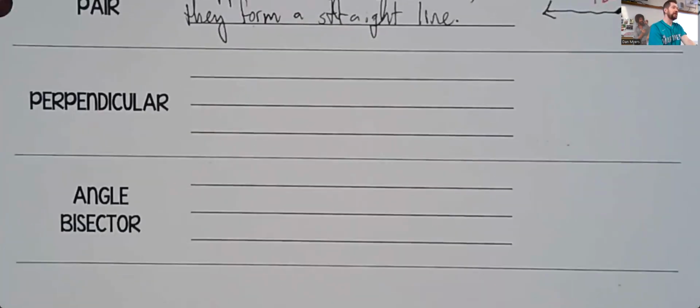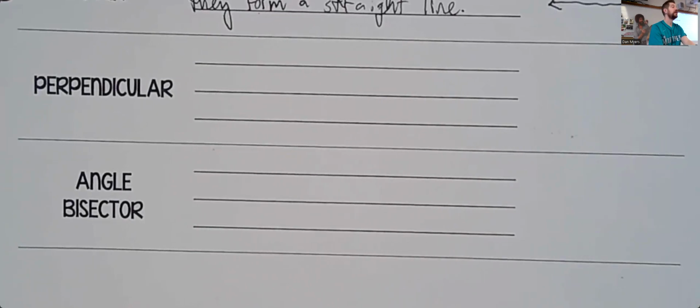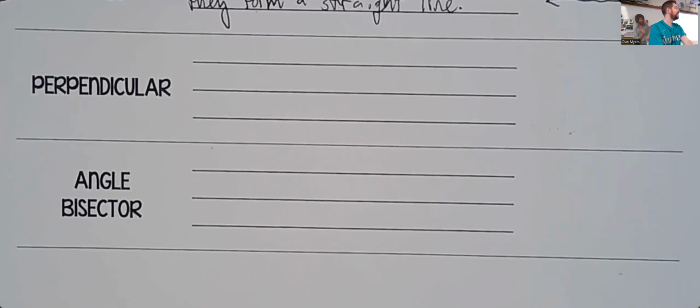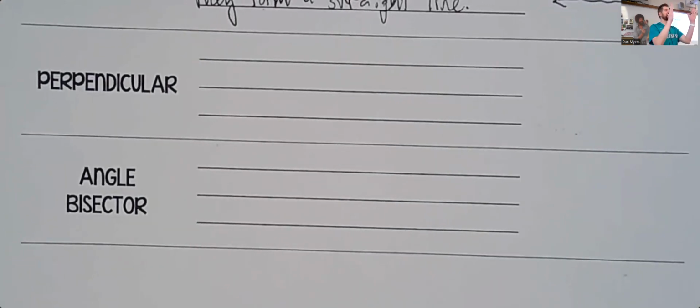Perpendicular, I think we know this one, right? What does perpendicular mean? I'm sure people have heard this term before. So that would be the opposite of parallel. So which one would perpendicular be then? The parallel runs next to each other. Perpendicular would be like a T, right?